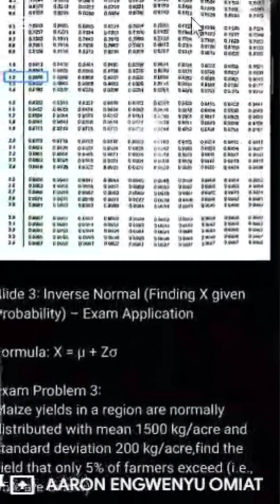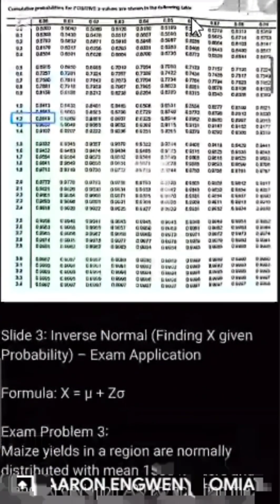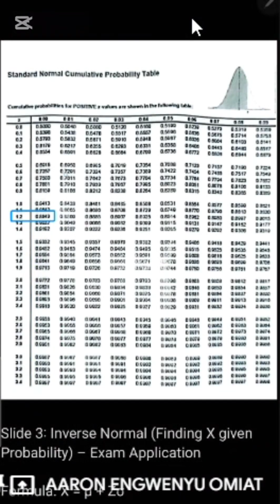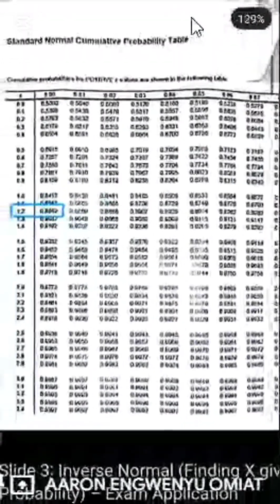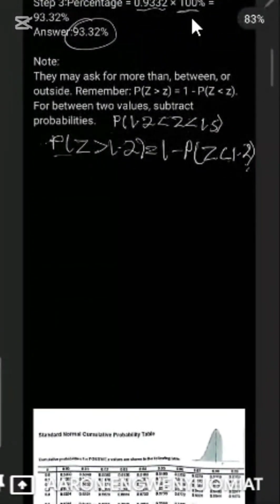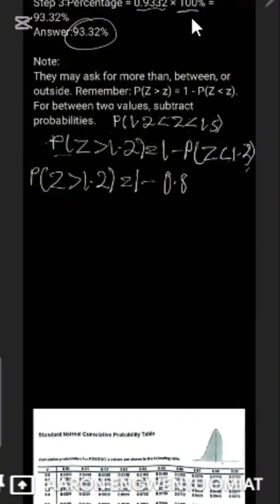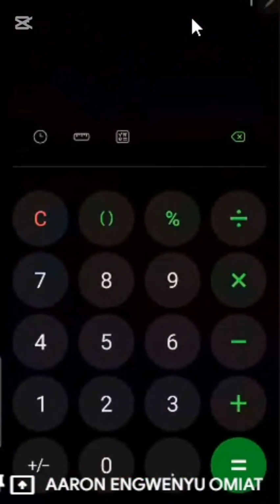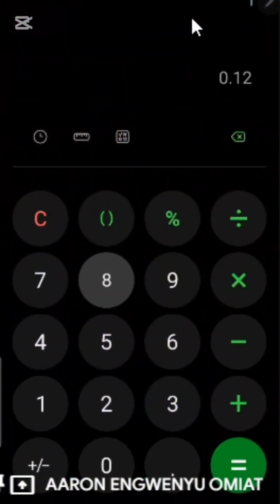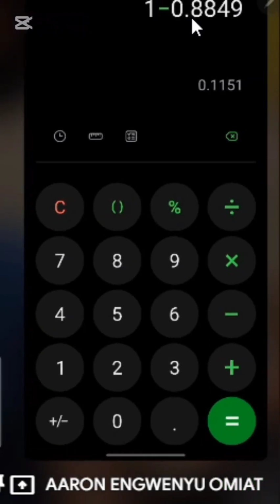If we go to our table to 1.2, our probability of z less than 1.2 is 0.8849. So when we substitute, probability of z greater than 1.2 will be equal to 1 minus 0.8849, which is 0.1151.